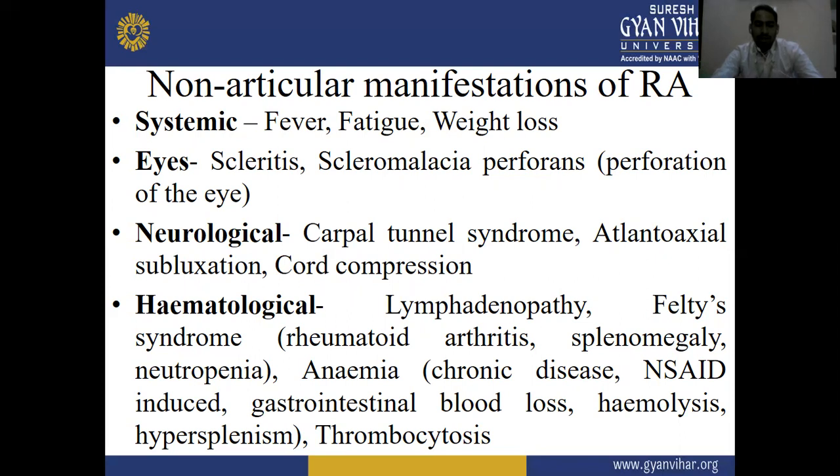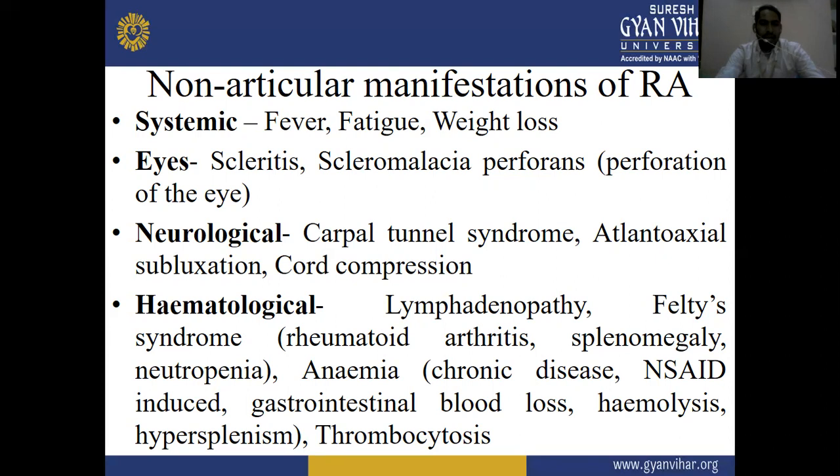Carpal tunnel syndrome is numbness and tingling in the hand and arm caused by compression of nerves in the wrist. Atlantoaxial subluxation is a misalignment of the first and second cervical vertebra which may occur only with neck flexion. Cord compression is a spinal cord compression when a mass places pressure on the cord. A mass can include a tumor or bone fragments.